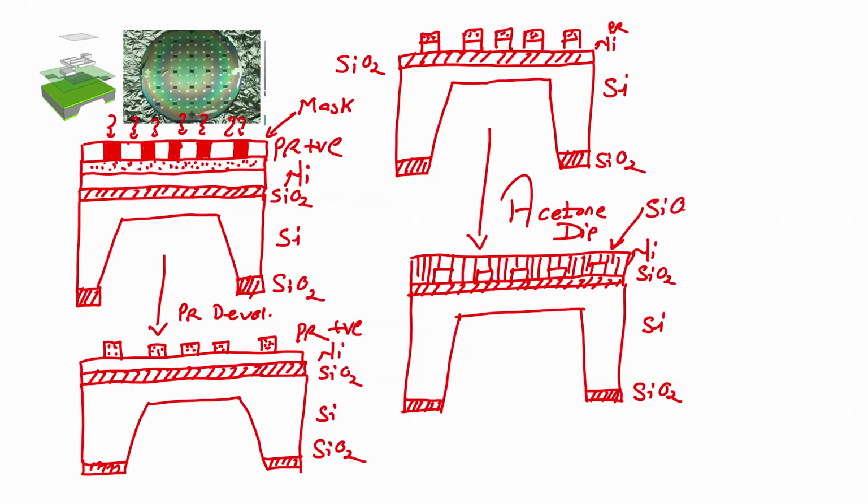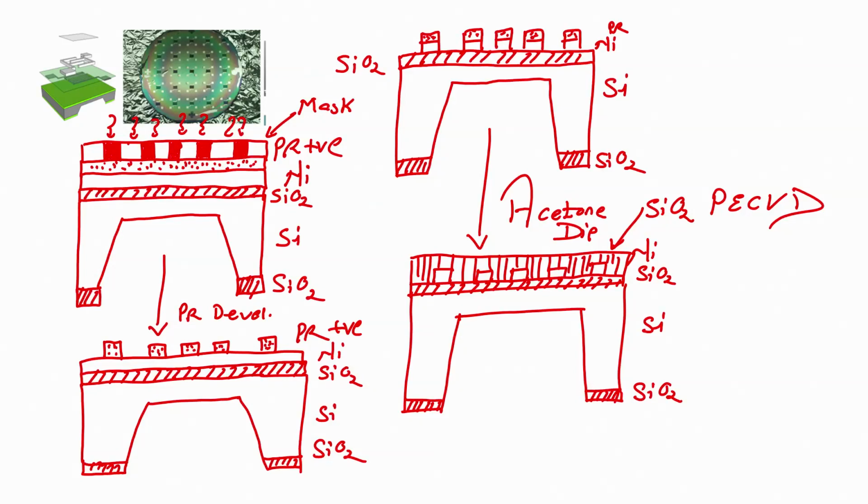We have actually grown silicon dioxide with the help of PECVD. We will see in the chemical vapor deposition section why plasma enhanced chemical vapor deposition is used to grow silicon dioxide. So, silicon dioxide we are growing.